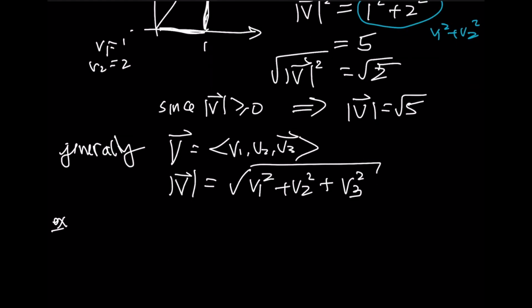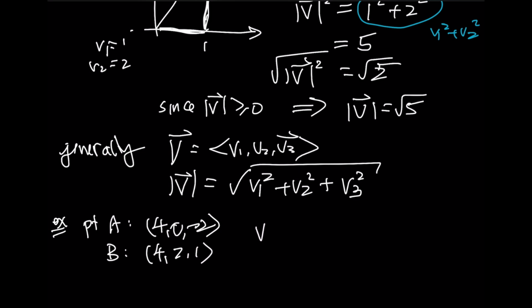As an example, let's say I'm talking about point A, which has coordinates 4, 0, negative 2. And let's say I'm talking about point B, which has coordinates 4, 2, and 1. There's a vector that goes from A to B. And if I wanted to calculate the components of the vector, I would take the terminal minus initial for all of the entries.